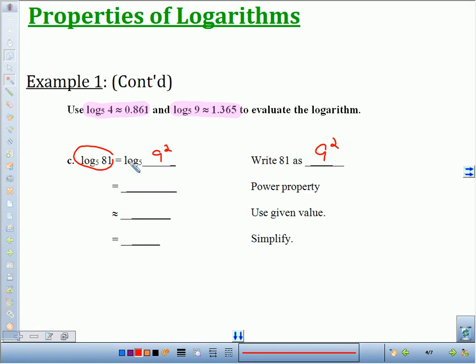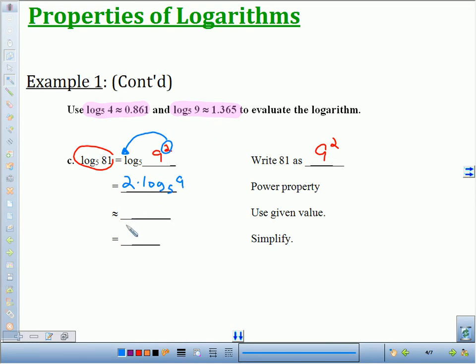I now have log base 5 of 9 squared, which according to the power property means that I would take my little exponent here, move it out to the front, and I will now be multiplying by it, giving me 2 times log base 5 of 9, which is one of my values.